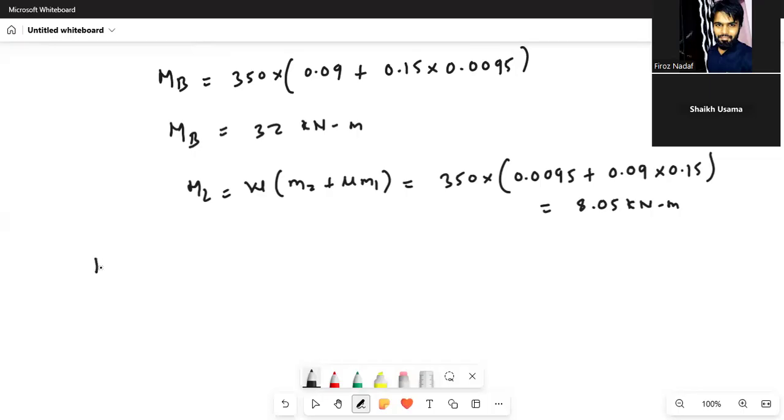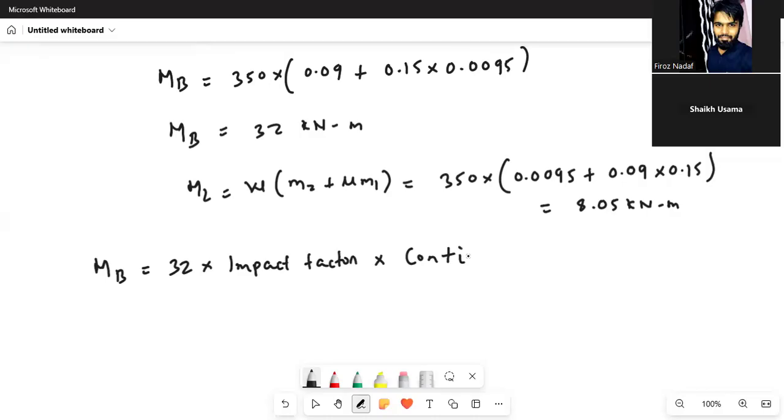So MB equal to 32 into impact factor into continuity factor. The interior panel is continuous, so you also have to multiply the continuity factor.